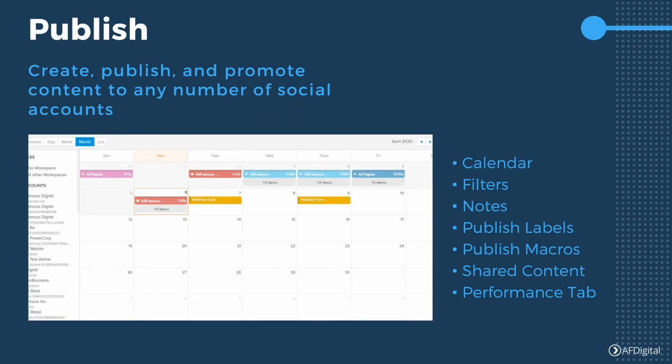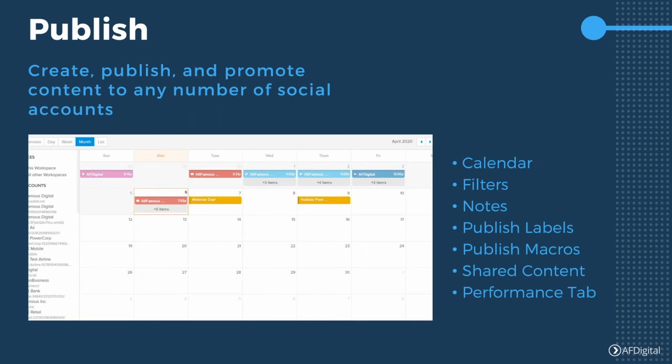You can also organize the posts you're making by any means that you would like, such as campaign or the target market that you would want to have, based on the publish labels. So you can attach any publish label to any post that you're creating, again, to possibly track campaigns or the purpose of that particular post.